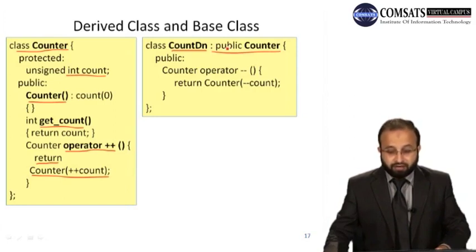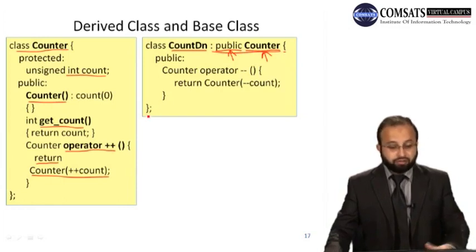This means the CountDn class is derived from the Counter class, and the type of inheritance is public. So public inheritance here. The colon comes first, that is the syntax, then the type of inheritance, then the name of the base class, and then the curly brackets of the class.